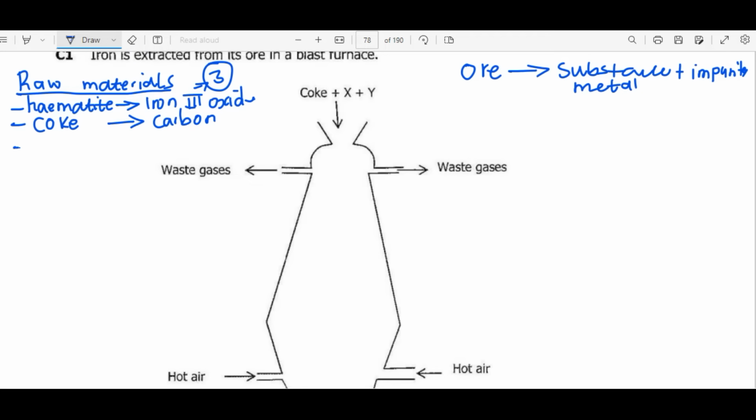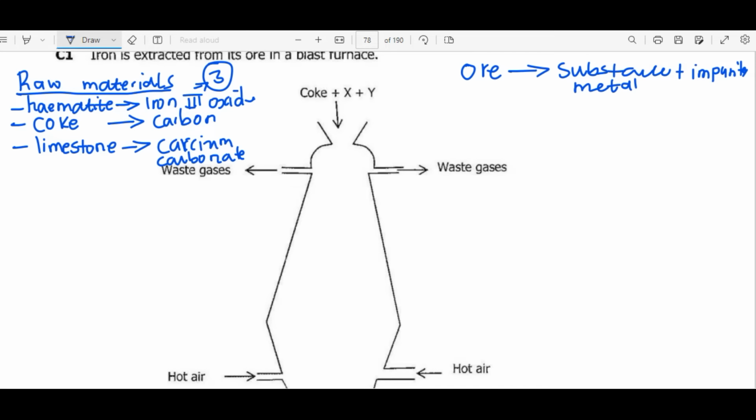Then what else are we supposed to have? We need to have limestone. Limestone has the chemical name of calcium carbonate. So these are the 3 raw materials that we are supposed to have.